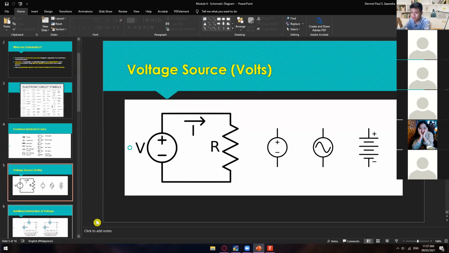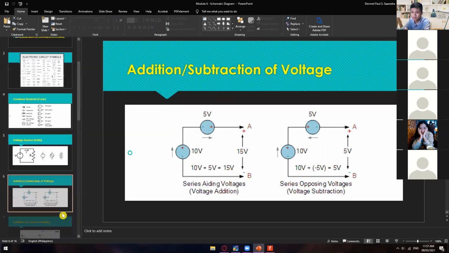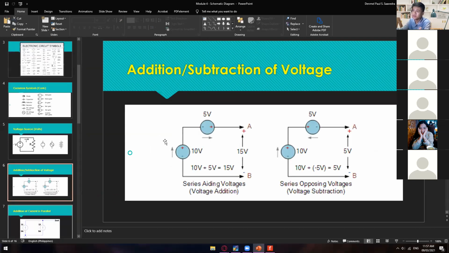So I guess you guys already know this one. Very simple. And then we have here the addition or subtraction of voltage. So this is one thing that you guys need to take note of when it comes to putting a lot of independent voltage sources. Let's say we have here a 10-volt battery, and then we have here another 5-volt battery.